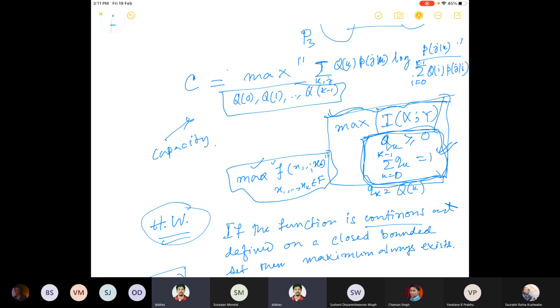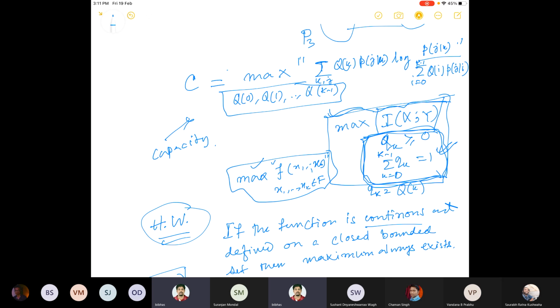The converse of the channel coding theorem is: if you transmit or communicate data whose rate is more than the capacity of the channel, then the communication will not be reliable. That is also true. So that is the converse of the channel coding theorem.